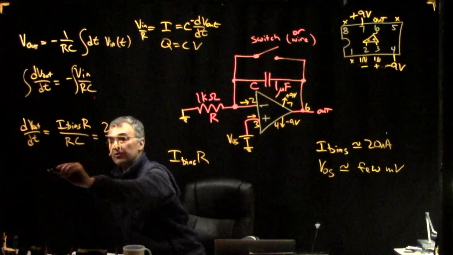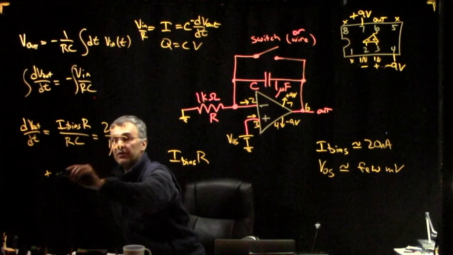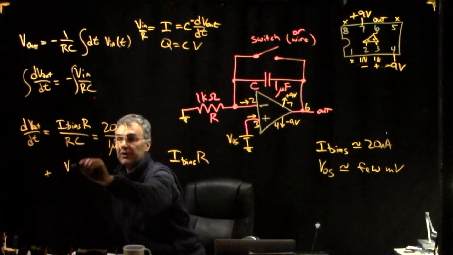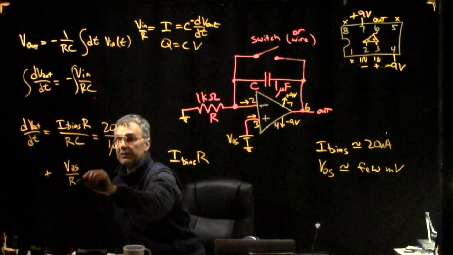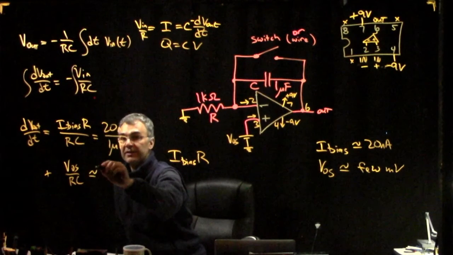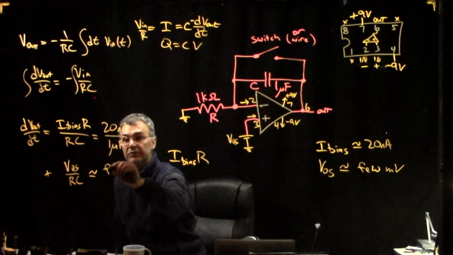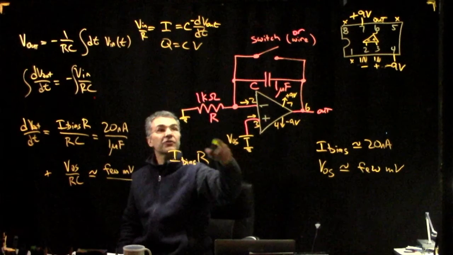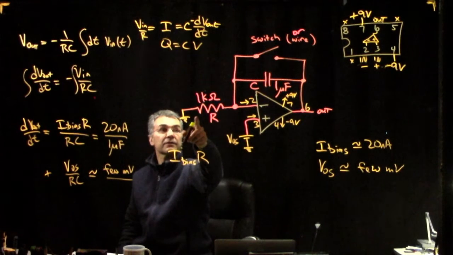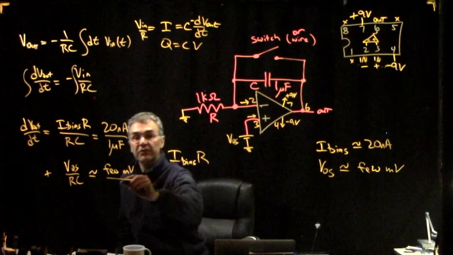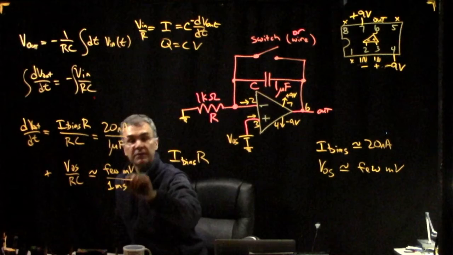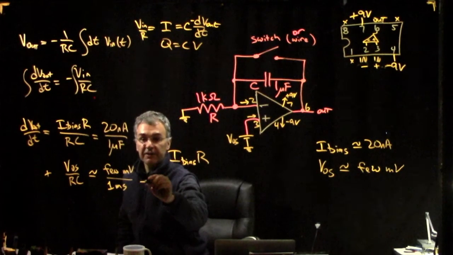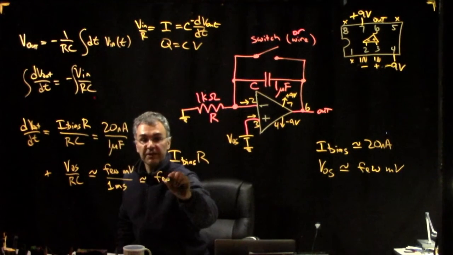And then there's another term, plus, we don't know if it's plus or minus, but anyway, V offset over RC, and we'll say that's going to be something like a few millivolts over RC. Kilo ohm times a microfarad is a millisecond, 1 millisecond. So this is like a few volts per second.